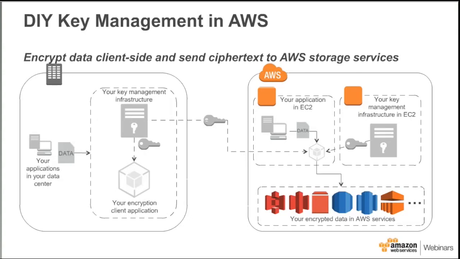So this has been possible ever since the cloud launched with EC2. You always have the ability to run your own code wherever you want. But of course, in this case, you're responsible for the security of the keys and their storage. You're responsible for the availability and durability of those keys.